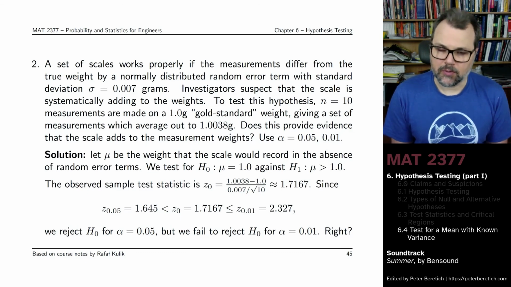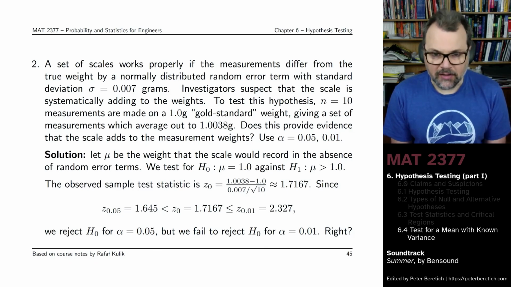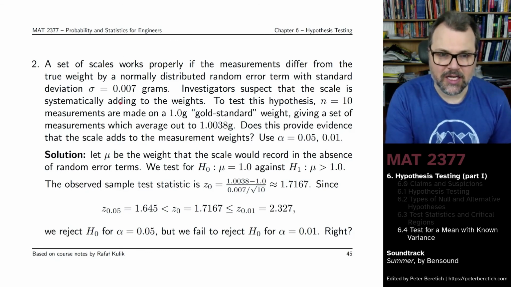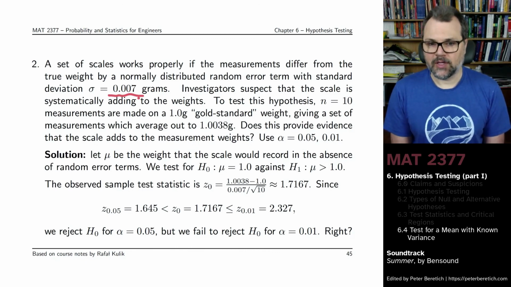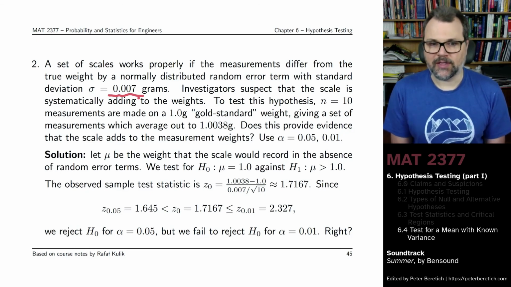It's pretty close to 1.0. It could, by accident, by chance, presumably be what we observe, but keep in mind here that the noise has a very small standard deviation. Is 1.0038 actually that close to 1.0 if the noise is only meant to be 0.007?